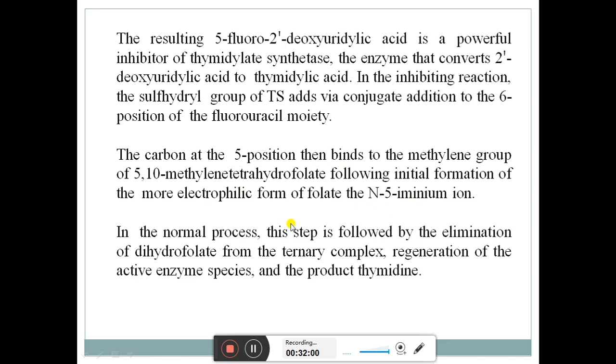In the normal process, this step is followed by the elimination of dihydrofolate from the ternary complex, the regeneration of the active enzyme species, and the product thymidine is obtained. So because of this, 5-fluorouracil forms 5-fluoro-2-deoxyuridylic acid. This binds with the thymidylate synthase, and this enzyme will not be released for further action. So it shows the inhibition action at the thymidylate synthetase enzyme.